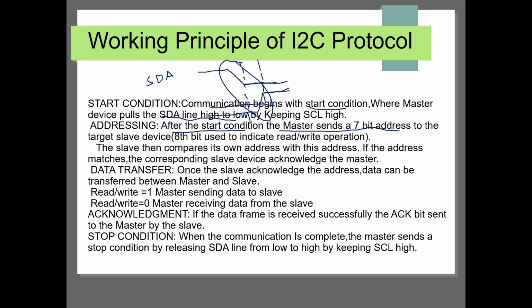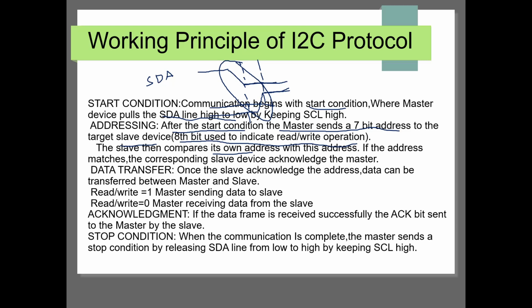See how the master communicates. It sends the 7-bit address to the target slave, and an 8th bit is used to indicate a read or write operation. As I told you, 7 bits plus the read or write bit make 8 bits. Then the slave compares its own address with the address sent by the master.